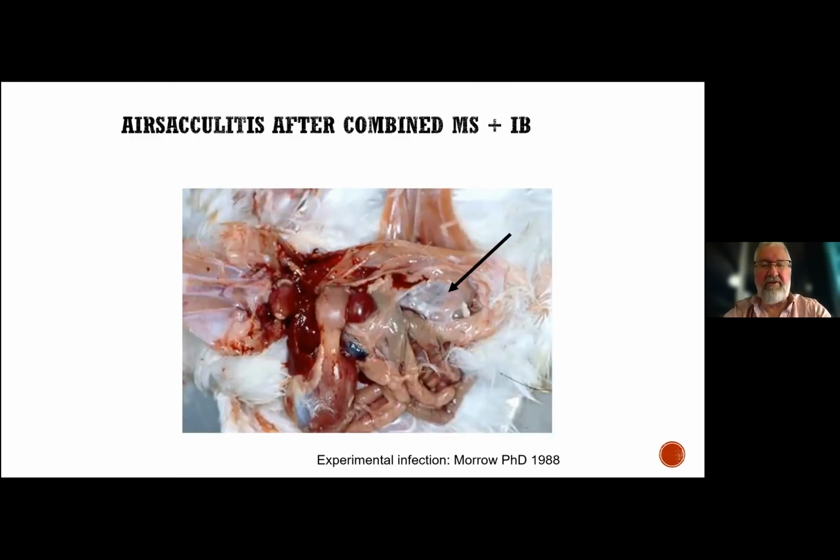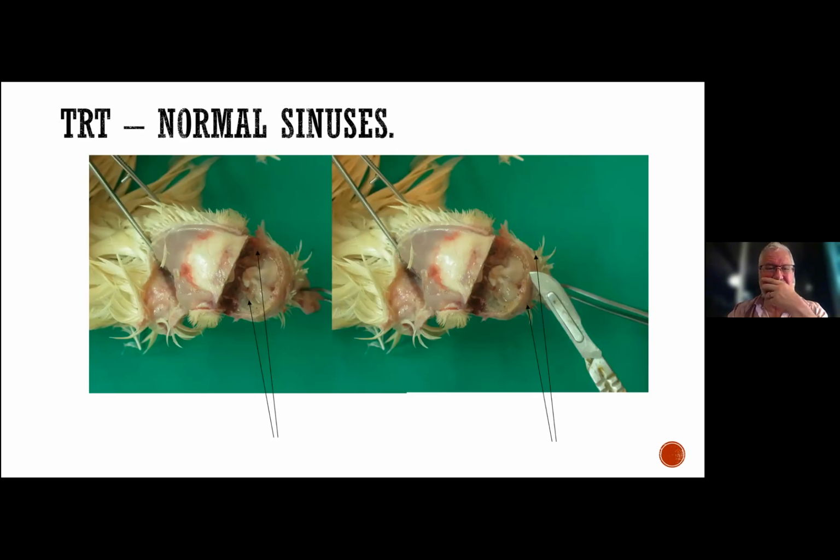So when we're in the field, we can do a post-mortem, and we can see what's happening there in the birds, but we can't tell whether it's MG or MS without doing further tests, because they look exactly the same on post-mortem. TRT, the avian metaparamyxoviruses and so on.